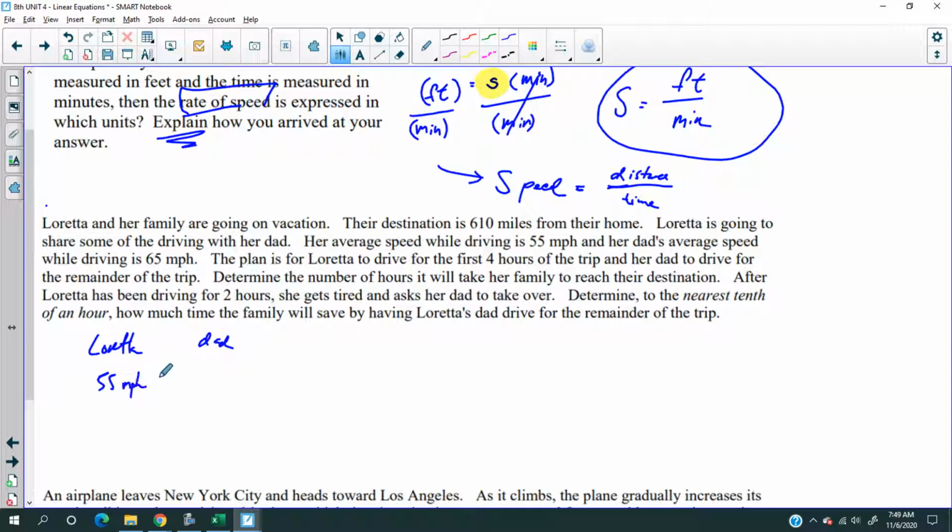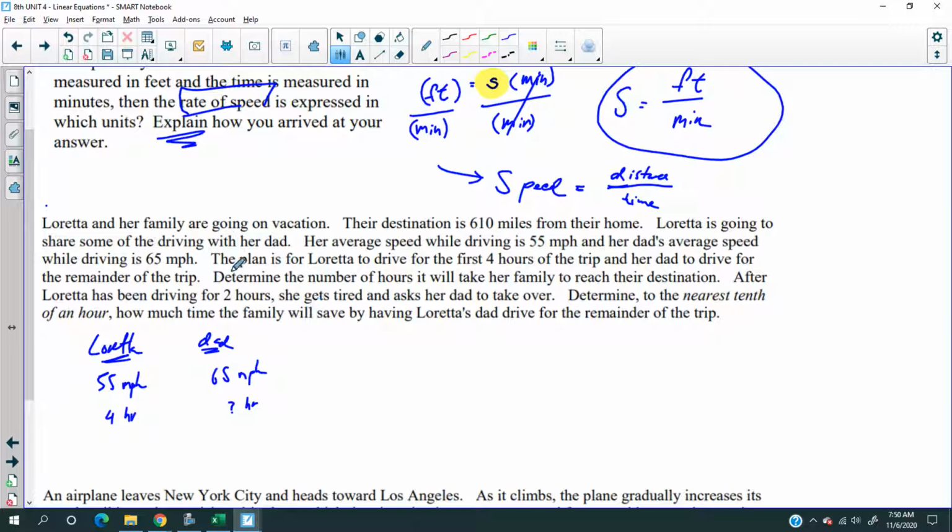So you see how I'm just gathering information, okay? Let's see, Dad, that's 65 miles per hour. You know why? Because then I don't have to keep going back to read the whole paragraph. The plan is for Loretta to drive for the first 4 hours, and then for Dad to drive the rest. So how many hours?